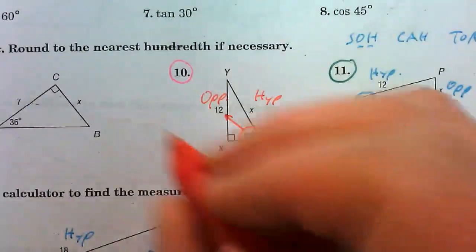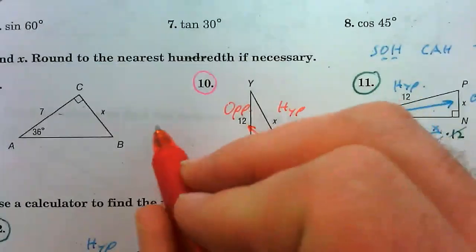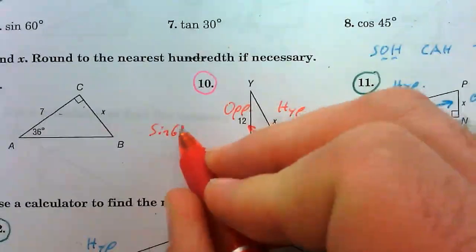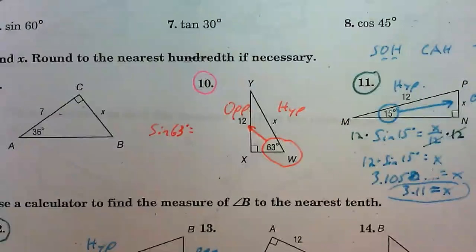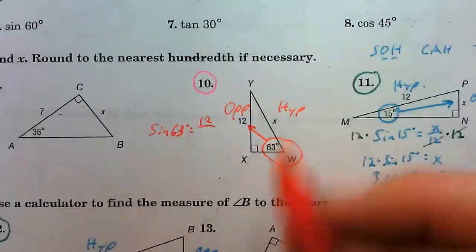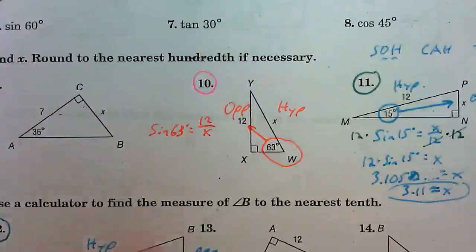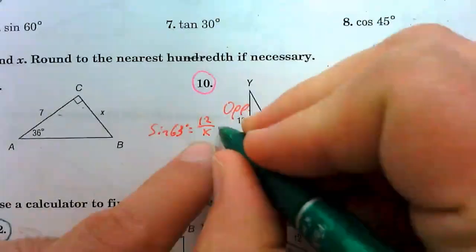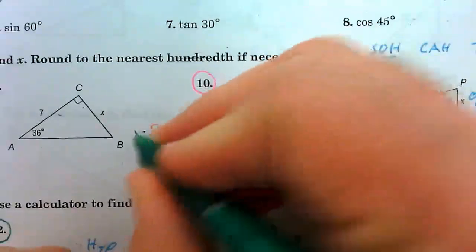Now, I'm going to show my work over here, just so I have some room. So sine of my angle, which is 63, equals opposite, 12, over hypotenuse, which is x. The x is in the denominator. First, we got to get the x out of the denominator by multiplying it to the other side. So multiply x to both sides.